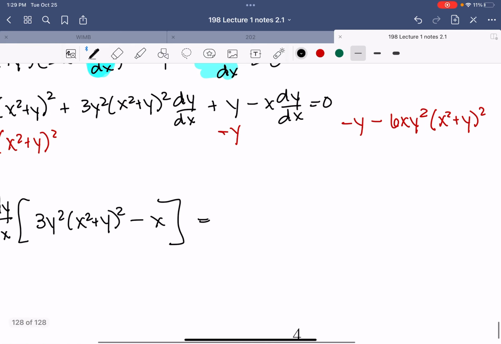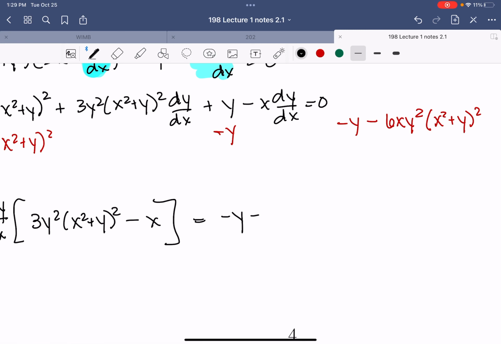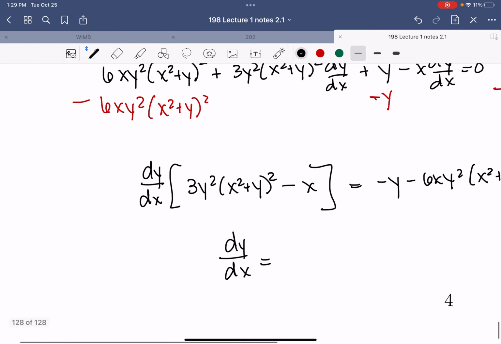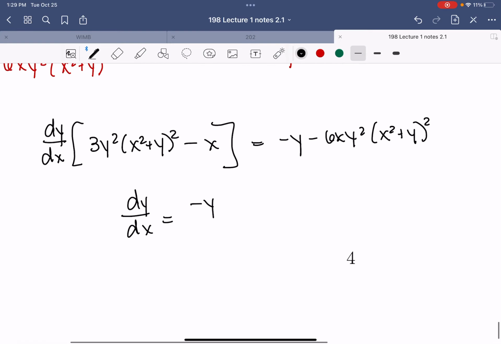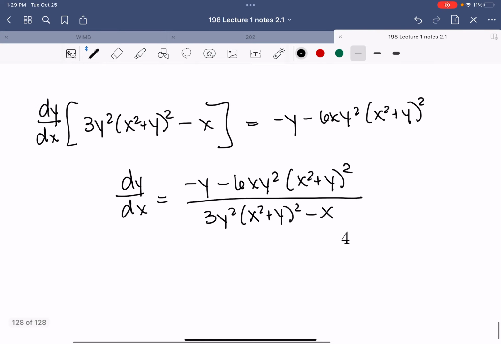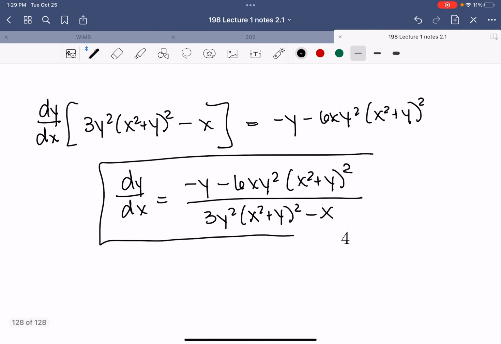And on the right, I have the negative y minus 6xy squared times x squared plus y quantity squared. And then the last thing I do is divide. So if I divide those two through, we end up with negative y minus 6xy squared times x squared plus y quantity squared over 3y squared times x squared plus y quantity squared minus x. And that's my final answer.